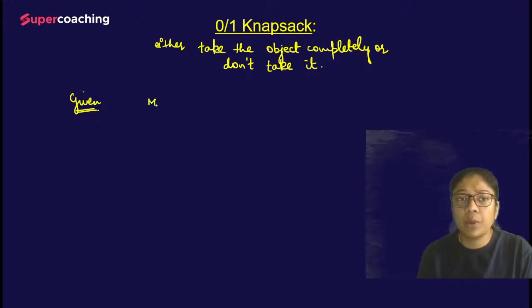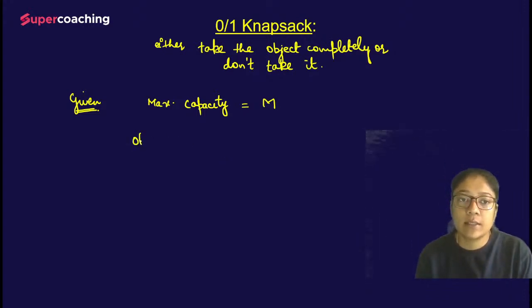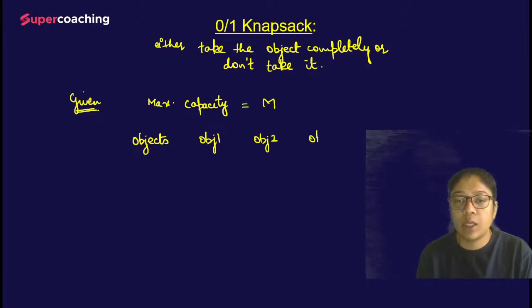You'll be given the maximum capacity of the knapsack, let me call this M. And you'll be given some objects: object 1, object 2, object 3, and so on. This way you will be given n objects.